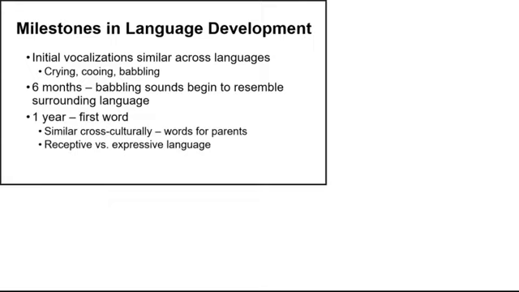Children, you'll find, are able to produce a small subset of words, but if their parents tell them to do something or not to do something, which might be more likely, they're able to do a lot more than what they could talk about. So that's that distinction between receptive, that understanding, and expressive, the ability to produce. So there is sort of a disconnect there.